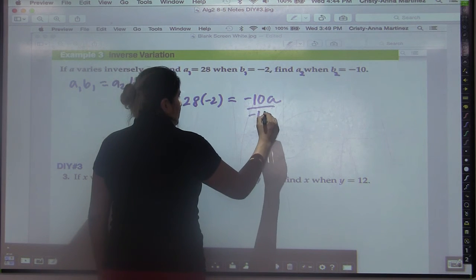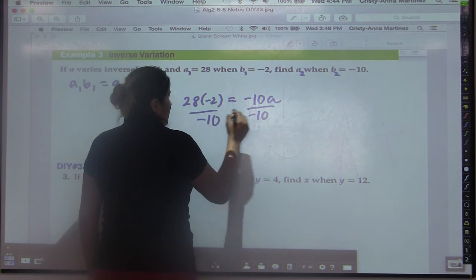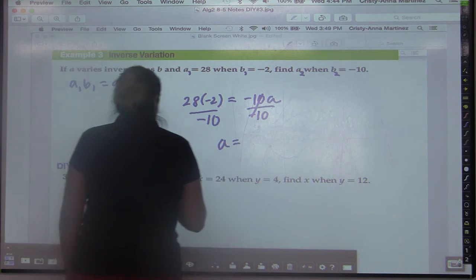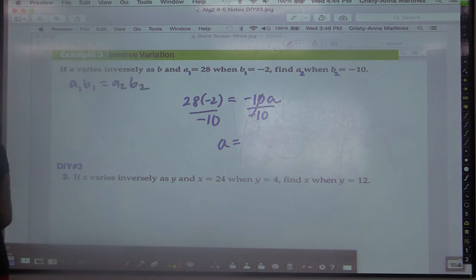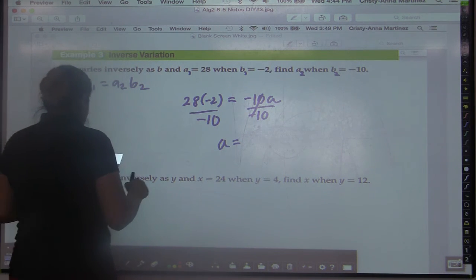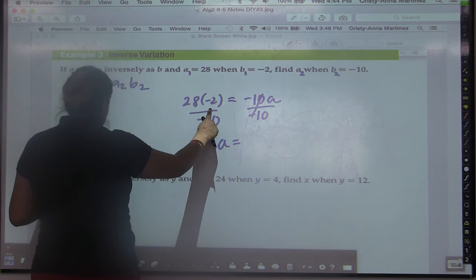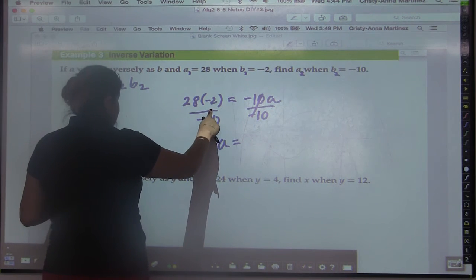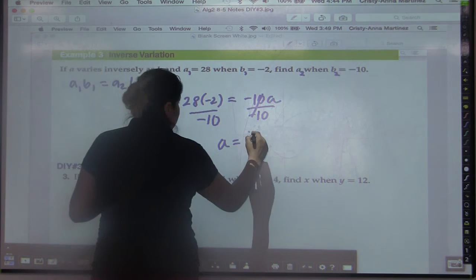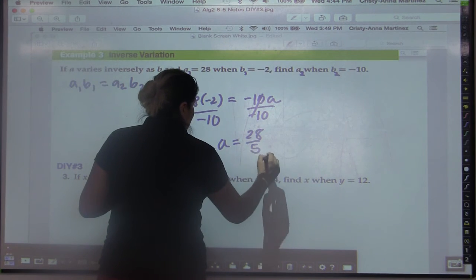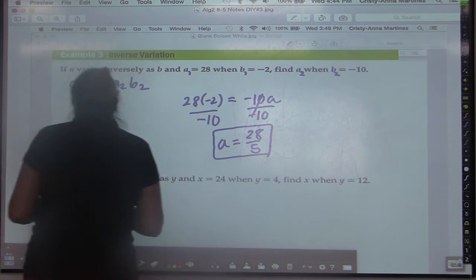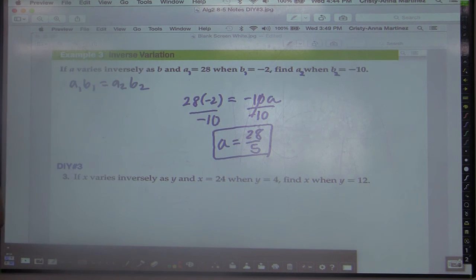We just divide both sides by -10 in this case. And a is going to equal, well, 28 times -2 is -56 divided by negative 10, we get a positive 28 fifths. And there you go. Just like that, you've done example 3.